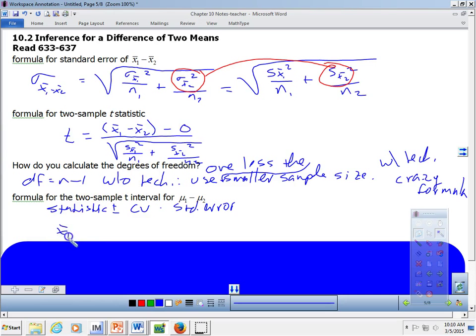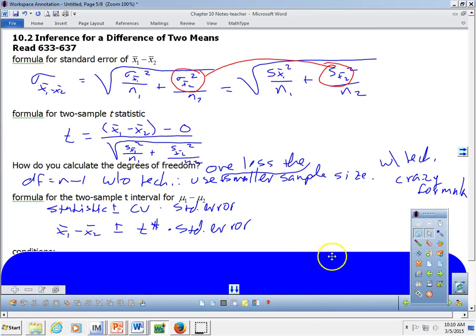So we're just going to take x1 bar minus x2 bar, plus or minus your critical value, this t star, and then we're going to multiply it by the standard error. Remember that t times standard error is simply your margin of error. So if you ever want to talk about margin of error, this is it. And that becomes your formula for a two-sample t interval. Of course, these would be in parentheses.